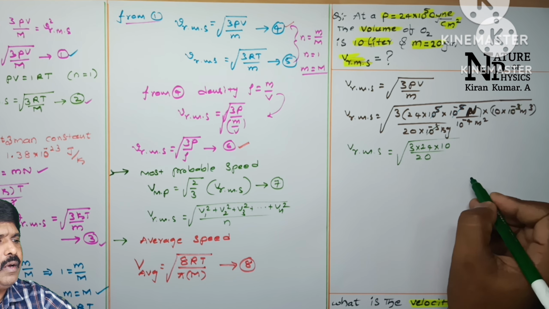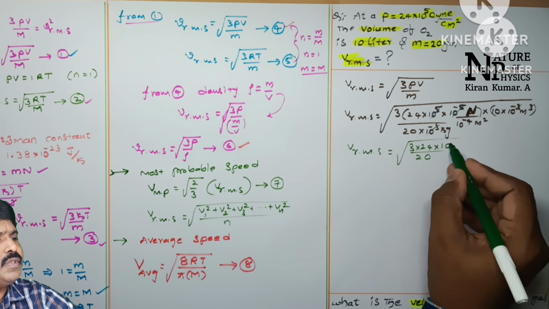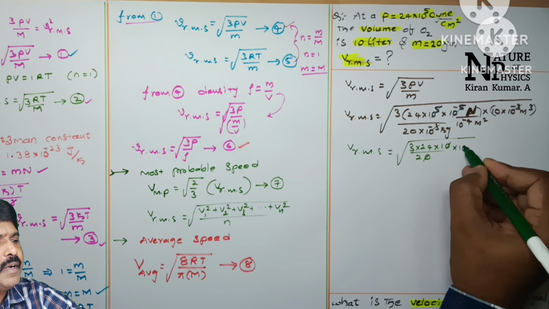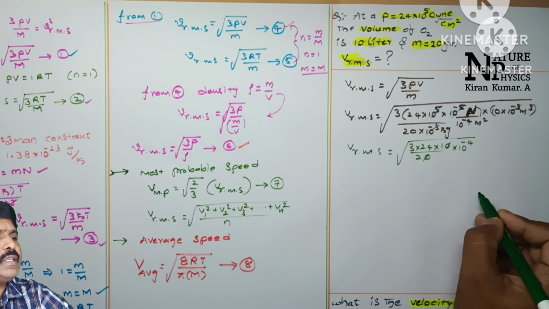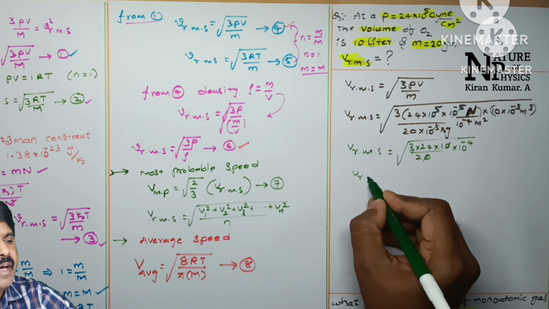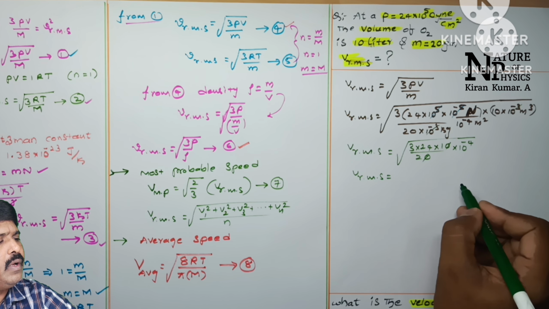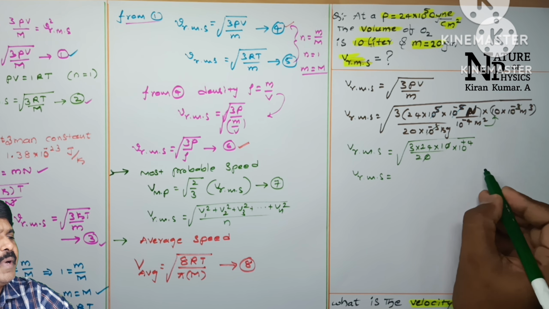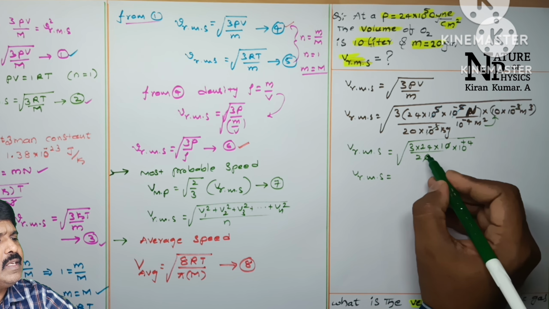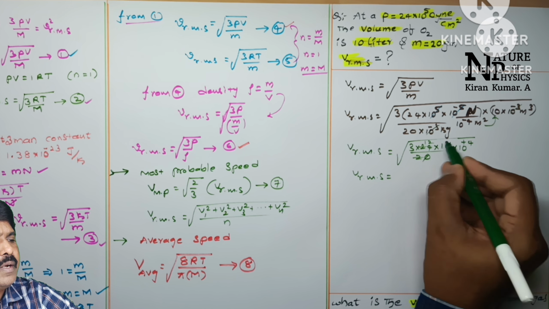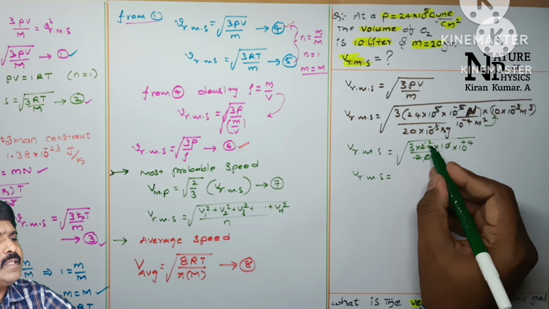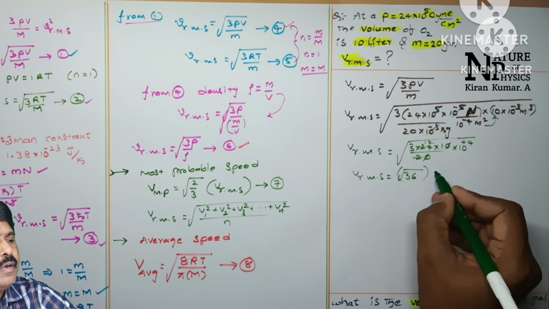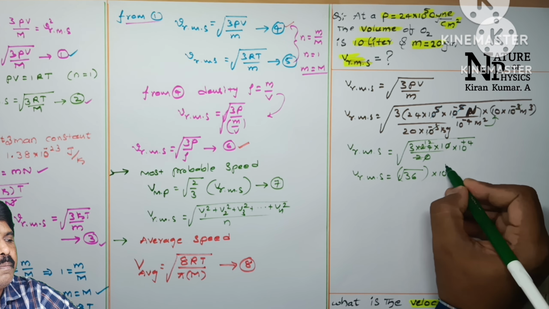Okay? Then the zeros also get cancelled, and from denominator to numerator this is 10 to the power of minus 4. So this minus 4 becomes plus 4 from denominator to numerator. Now this we can write as 12, and that is root over 36 into 10 to the power of plus 4.